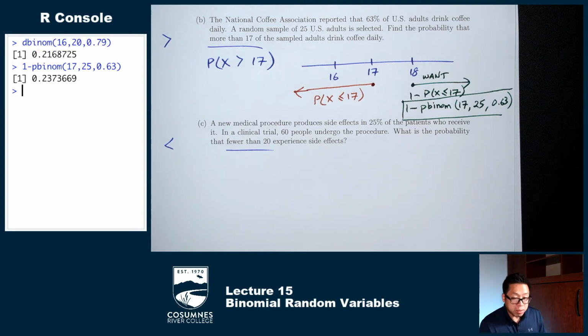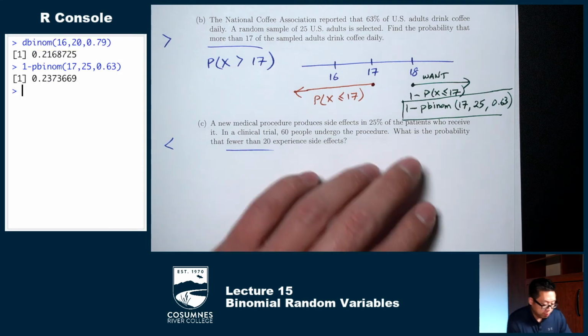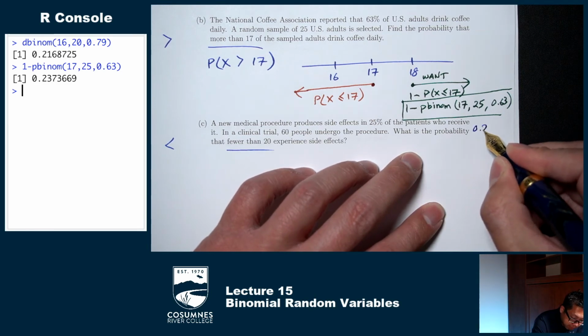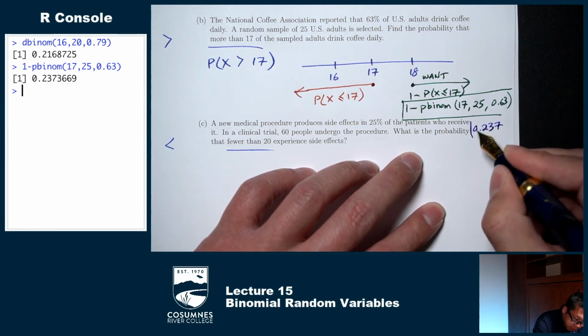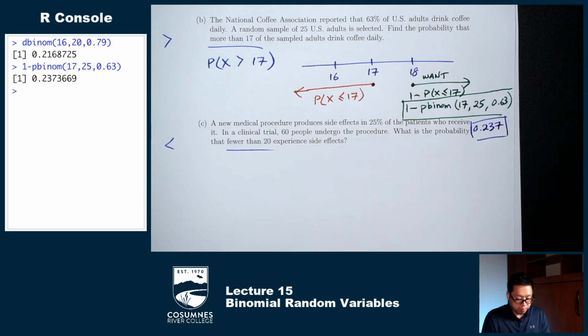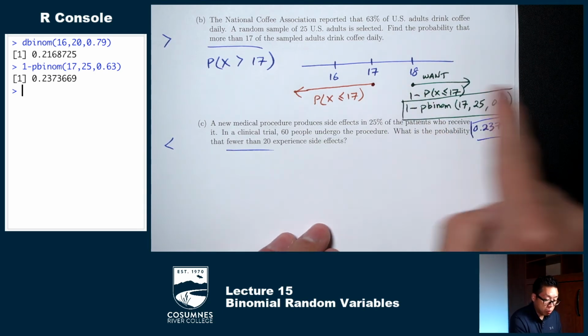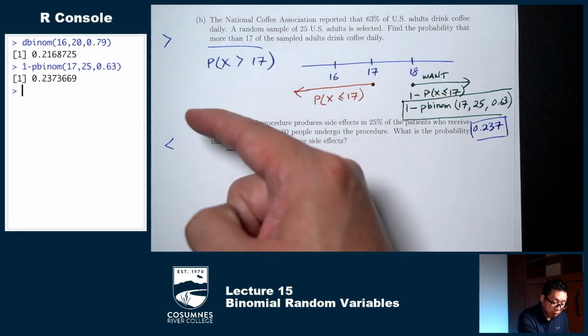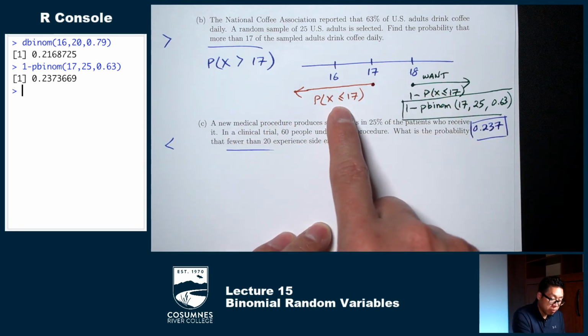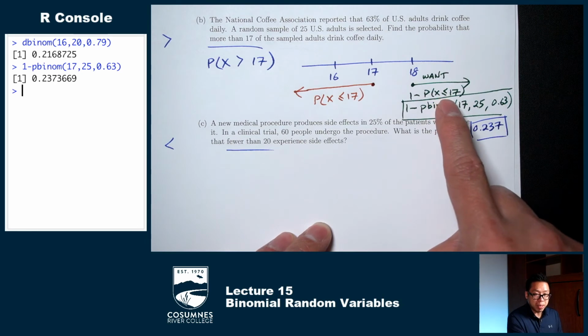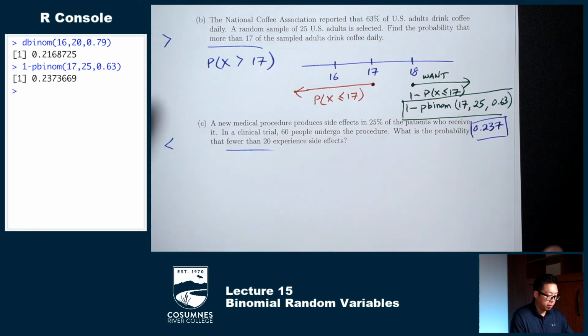Rounded to 3 decimal places, this is 0.237. So once again, anytime you are looking for something that's to the right, the idea is look at the left part, rewrite it with a less than or equal, and then do a 1 minus. And that will get you the right part.